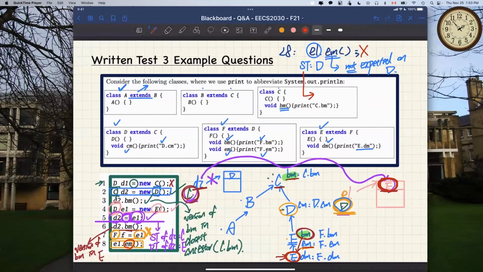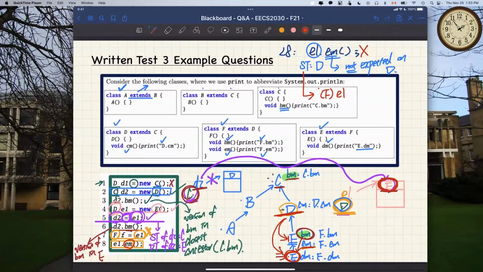The static type is D over here, and we want to be able to call EM. You can either downcast to F over here, which is still an ancestor of the dynamic type, so we wouldn't run into a class cast exception, or you can downcast to just that class which corresponds to the dynamic type, which is E. So you've got 2 ways. I'll write down both. Either you can say E1, you can cast that into F.